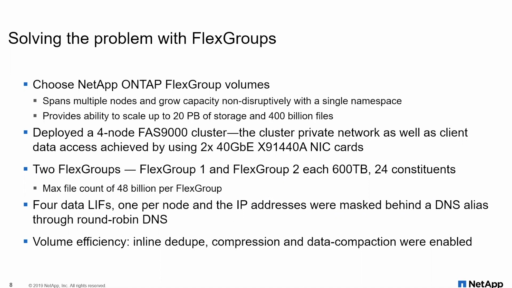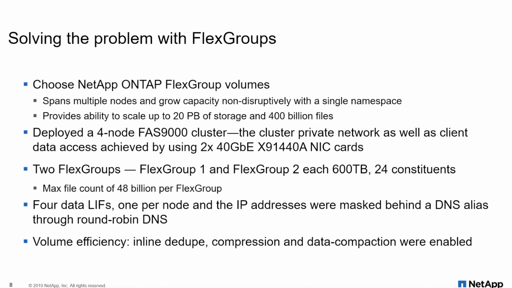So we deployed a 4-node FAS9000 cluster and gave it a good networking infrastructure. As you can see, we have 2 into 40 gig Ethernet cards for the interconnects, which means we have an 80 gig pipe for the interconnects, and an 80 gig pipe for all the NAS traffic to the client.